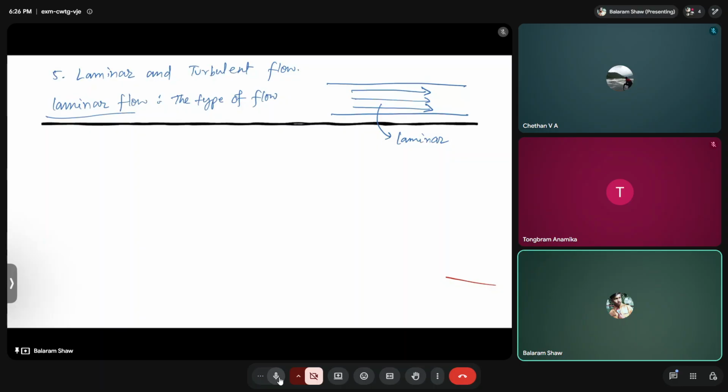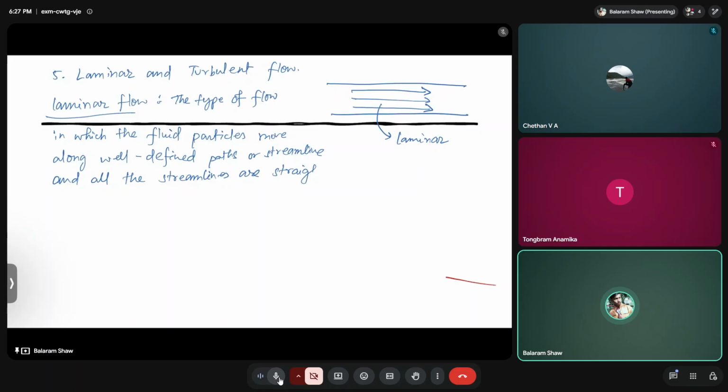So if any flow is there in which the fluid particles move along a well-defined path, or we call these streamlines, and all these paths, or all these streamlines, are straight and parallel, then we call this the laminar flow. So what will happen in this kind of flow? The particles will move in laminas.